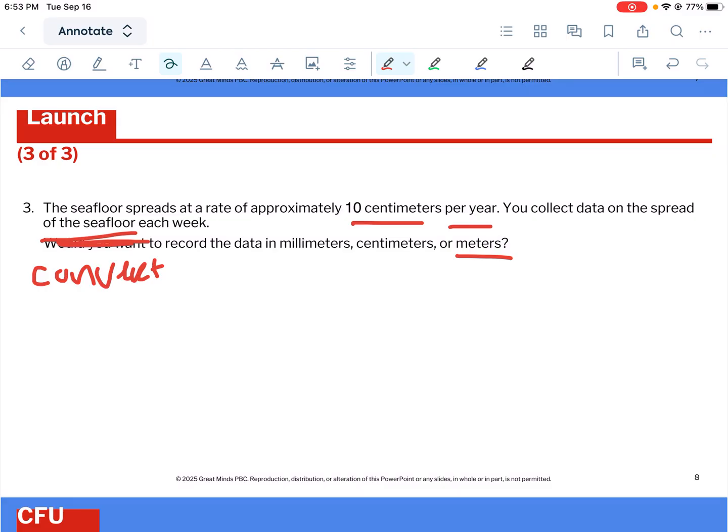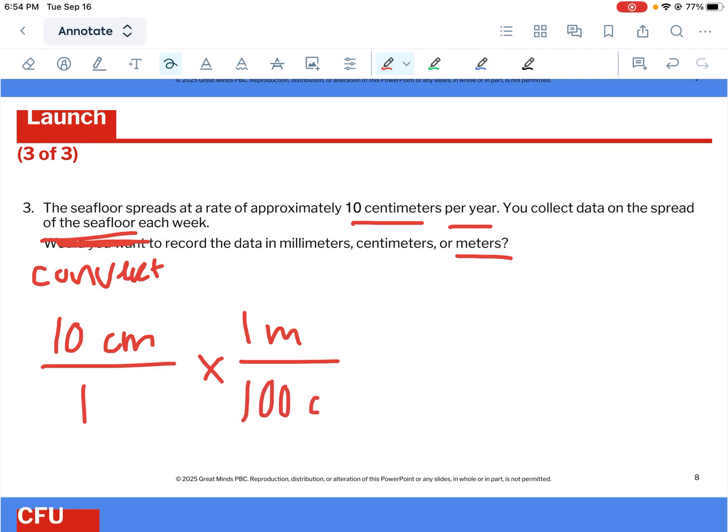Converting up, 10 centimeters over 1. Converting that to meters, I know there's 100 centimeters in 1 meter. Since we're getting to meters, I'm going to put that on top. Put 100 centimeters on bottom so it can cancel out.